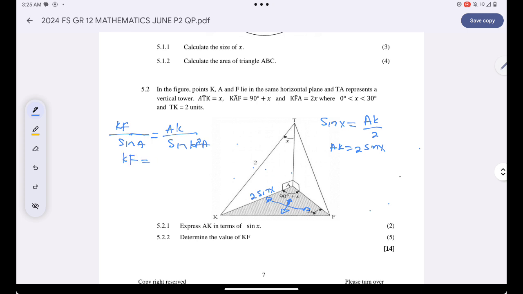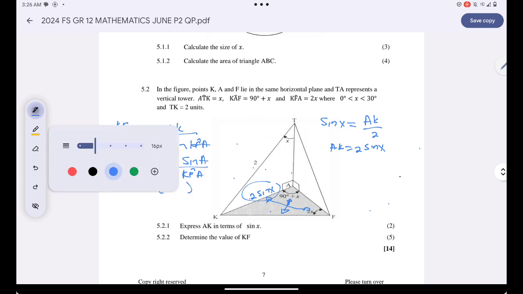That means for me to find KF, I must take AK, multiply it with sine of angle A, all over the sine of angle KFA.